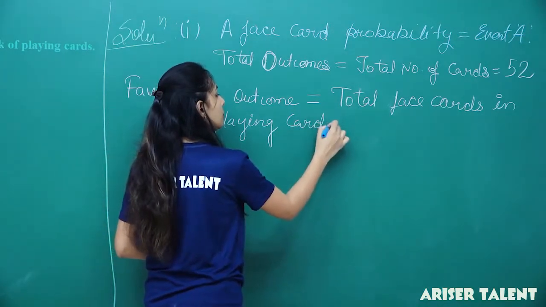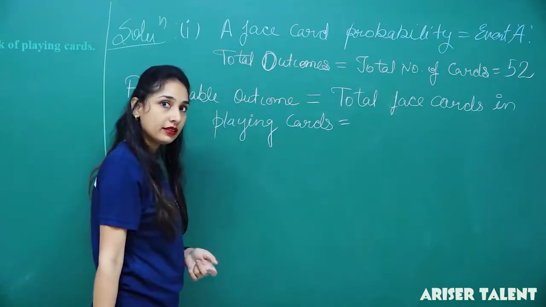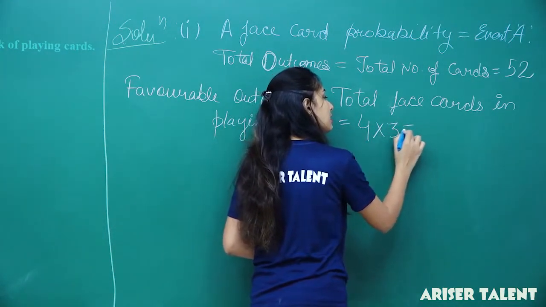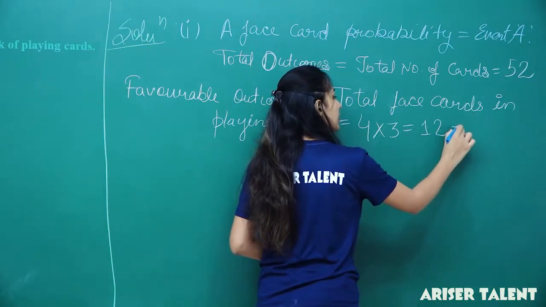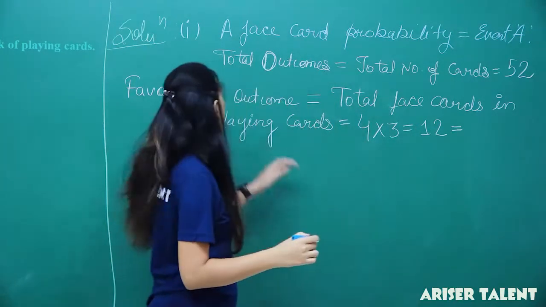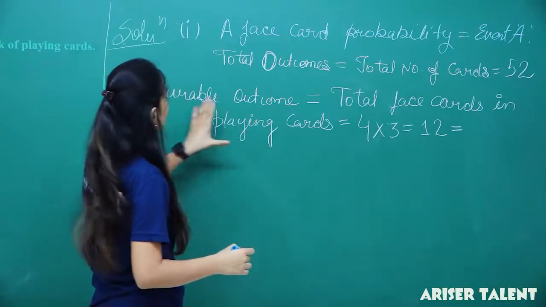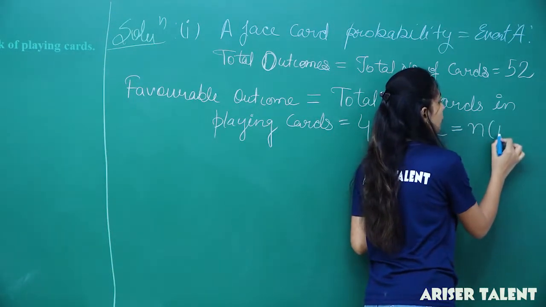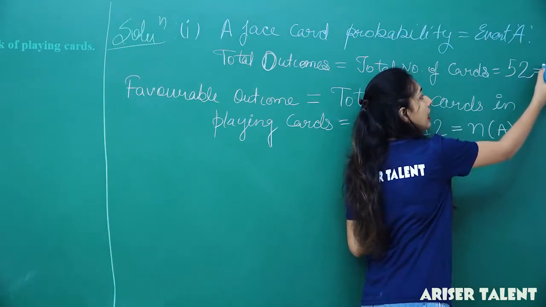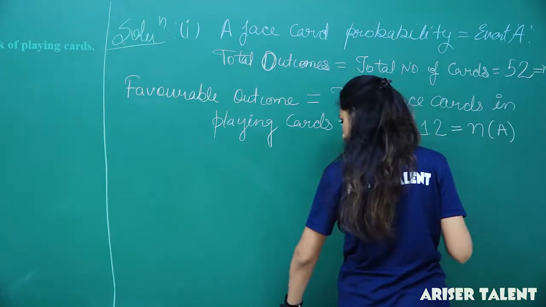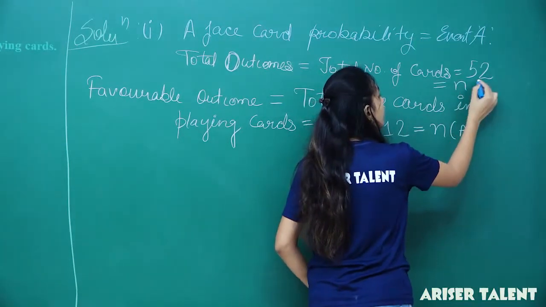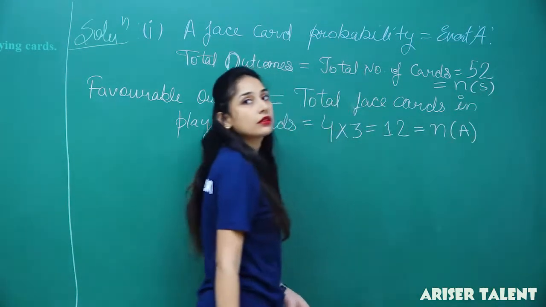That is equal to 4 multiplied by 3 in each, which is 12, and that will be called favorable outcomes. How will we denote it? N of A. And total outcomes will be known as N of S.